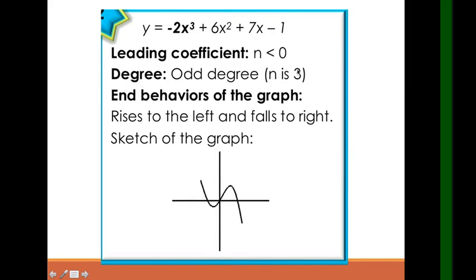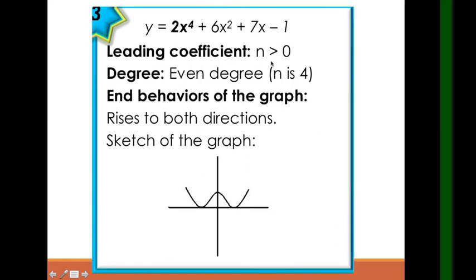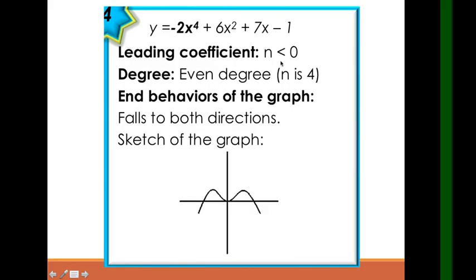Kapag naman less than 0, odd degree, rises to the left, falls to the right. Kapag greater than 0 but even, both directions rise. And kapag less than 0, even degree, both directions fall.